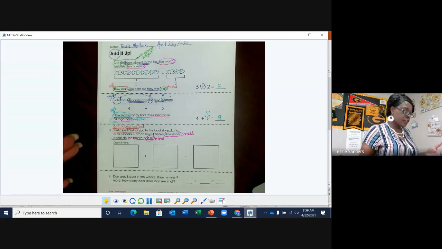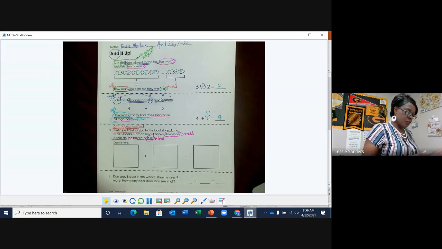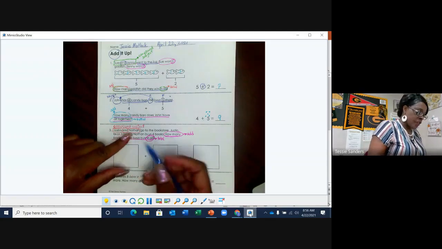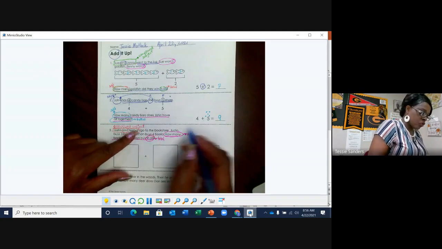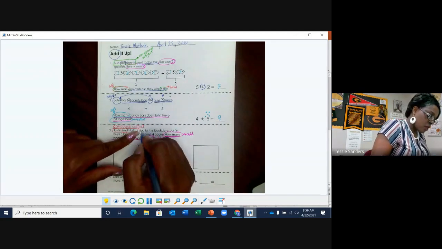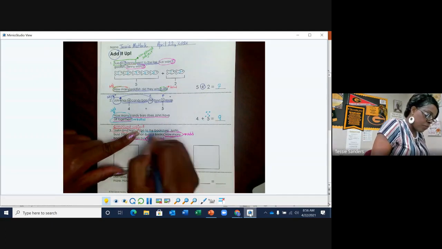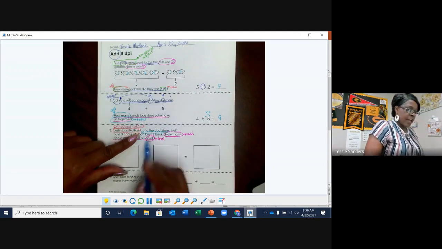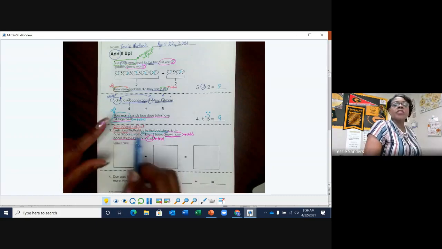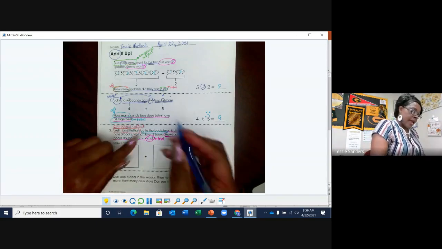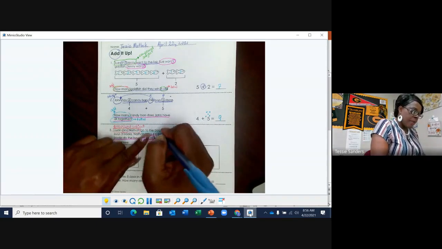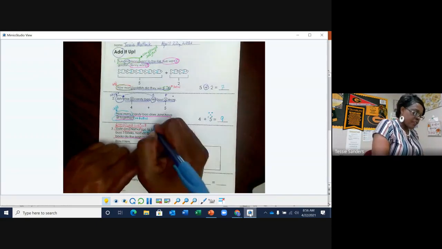What did Justin do? Well, actually, let me look at the predicate. What did Justin and Nathan do? They went to the bookstore. So Justin and Nathan go to the bookstore. Underline your action twice. So this is your compound subject, and this is a compound predicate. I'll write CP.